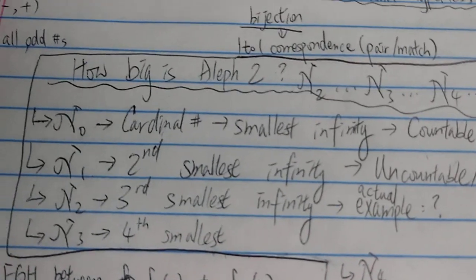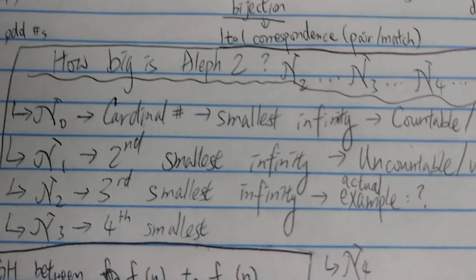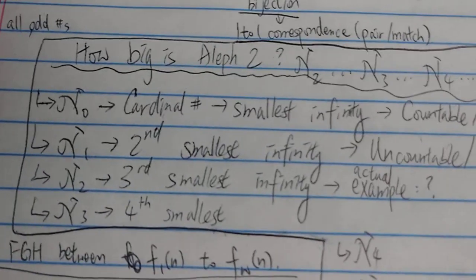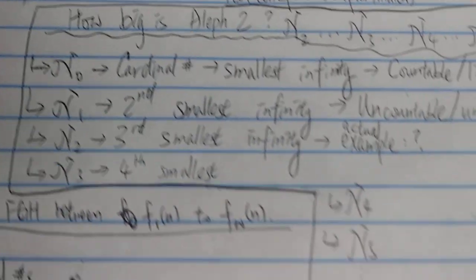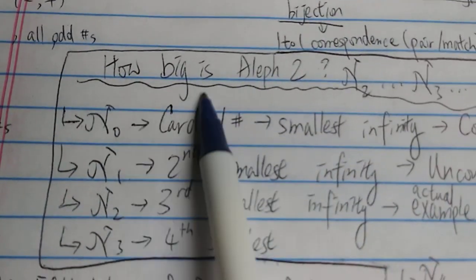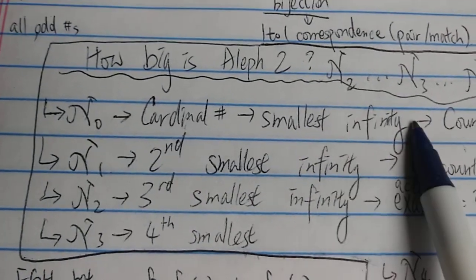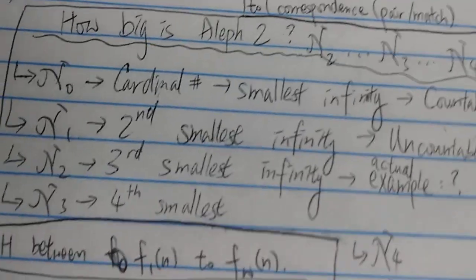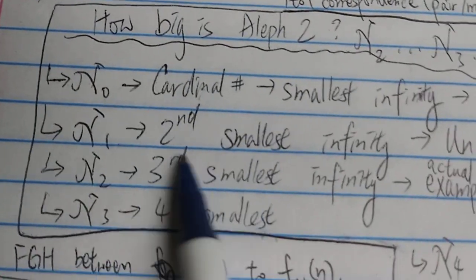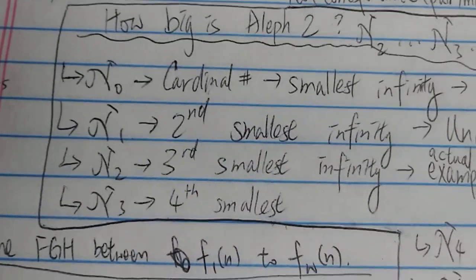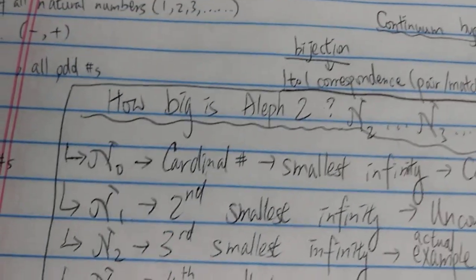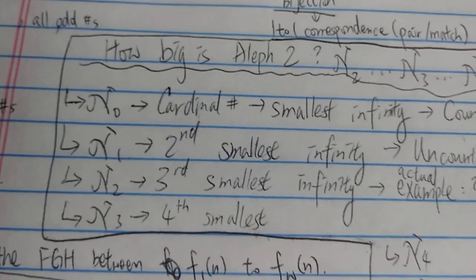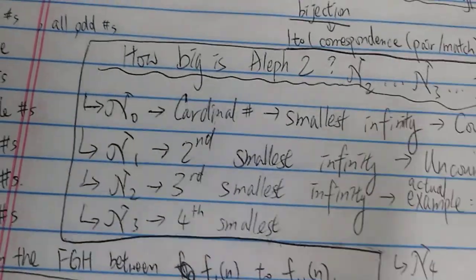Even if you continue all the way to omega to the omega, omega to the omega to the omega, epsilon naught, and even bigger and bigger ordinals, even all the levels in the fast growing hierarchy, it's actually the smallest infinity, aleph-null, because you can list them. It seems to be aleph 1 because you can go past omega, omega plus 1, and other bigger ordinals, but the problem is you can list them one by one. So there's a bijection, therefore it's the smallest infinity.